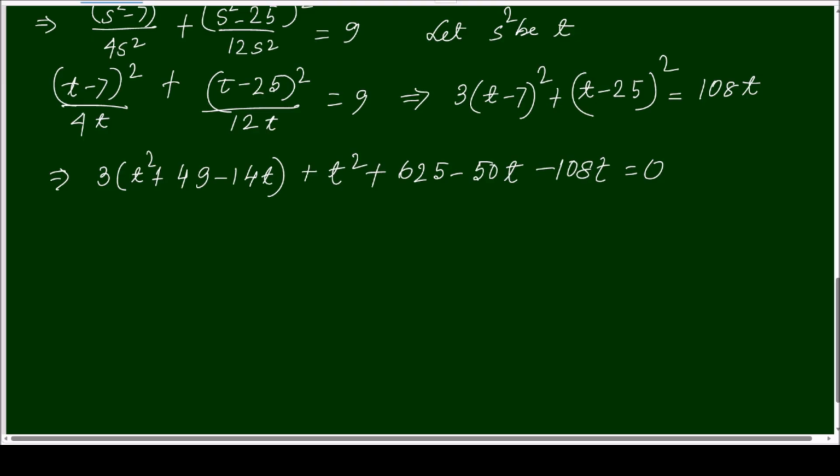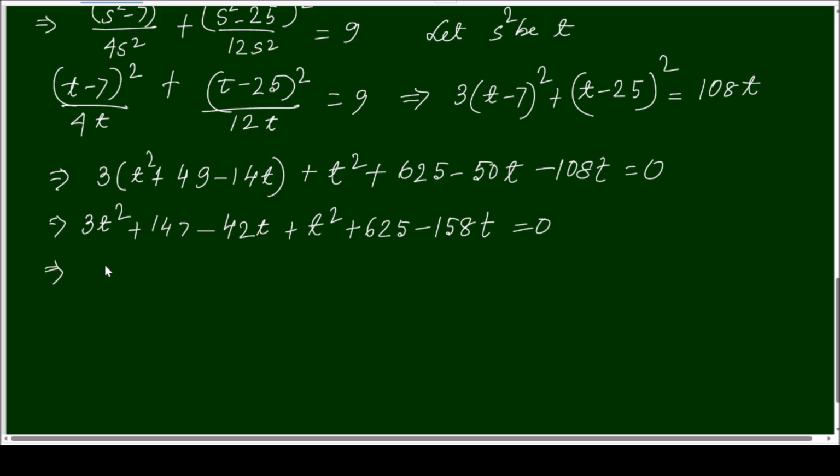So it is a lengthy question, but since it is an Olympiad question, it can be written like that. So 3t square plus 147 minus 42t plus t square plus 625 minus 50t minus 108 equals 0.